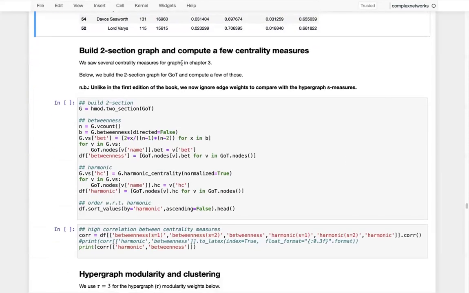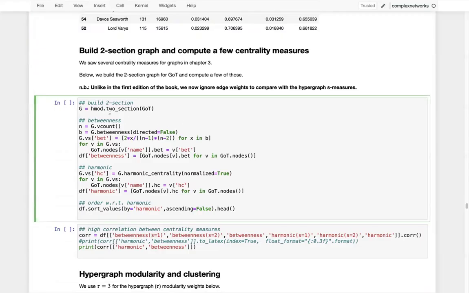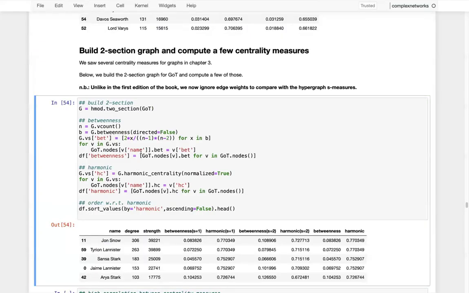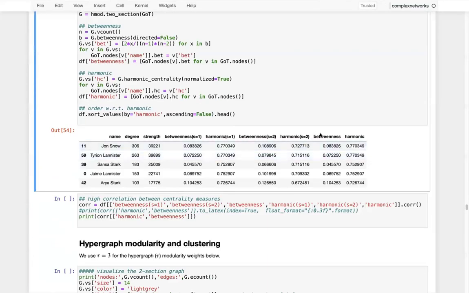Before we do clustering, we can also compare the centrality measures with the measures we get from the two-section graph. We can build a two-section graph, we know how to do that, and then compute the betweenness and the harmonic centrality, and compare those to the values we got for the s-betweenness and s-harmonic centrality.